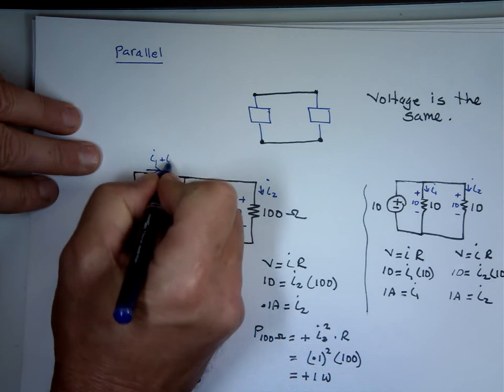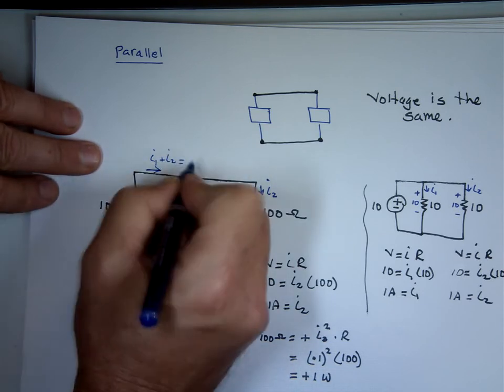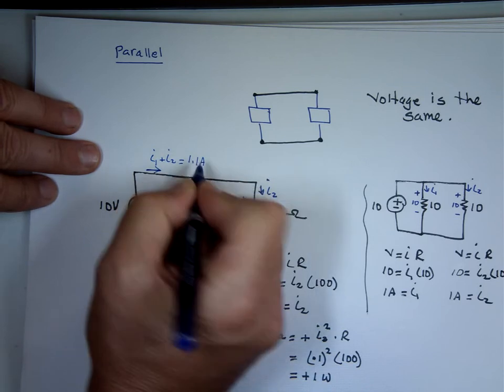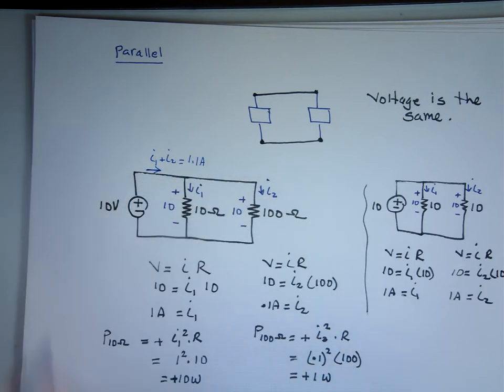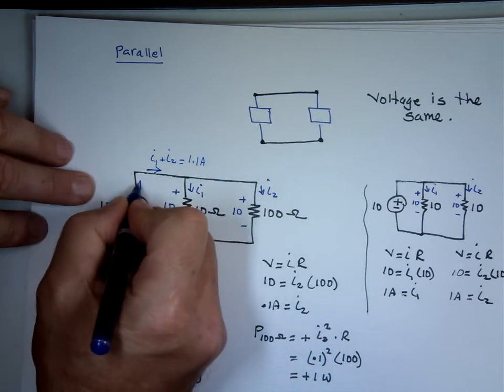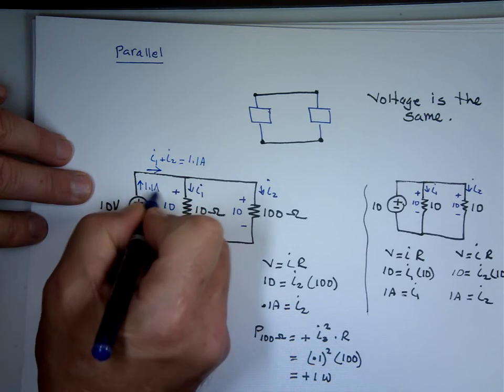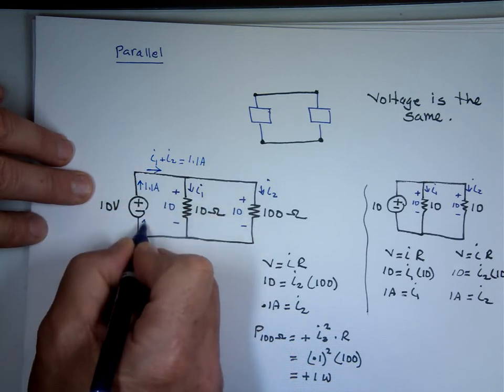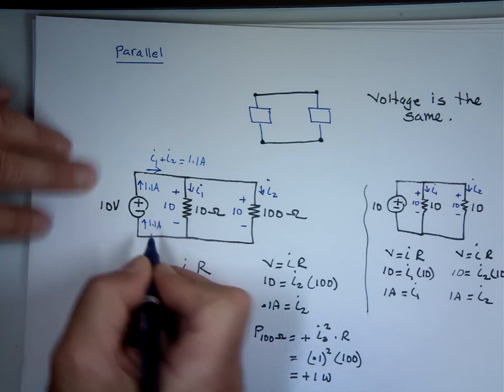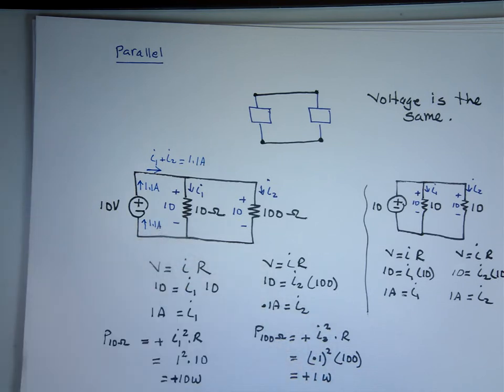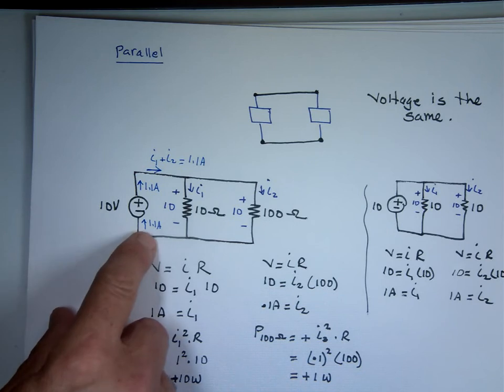It has to split, and that's what, 1.1 amp? So you got 1.1 amp going this direction. That means what's coming from down here? 1.1. Yep, going up there. It has to be. There's no other branch. There's no other place to come from. So you have a positive current entering the negative here.